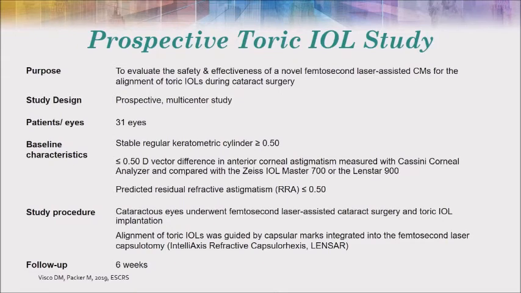There's no dry eye, there's no variability. We know the axis. So is this system effective at marking this axis so we get good results for patients? And so we have 31 eyes at 6 weeks. They underwent femtosecond laser-assisted cataract surgery with a toric IOL, and the alignment of the toric IOL was guided by these capsular marks with the LENSAR laser.